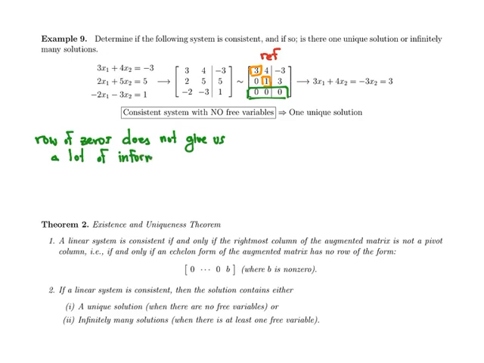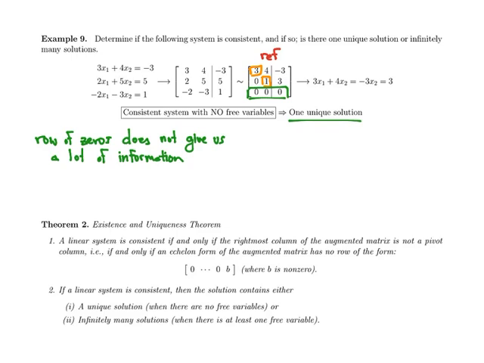As we get more comfortable with this, it does give us some information, but really we cannot say that a row of zeros means infinitely many solutions. A row of zeros means this or that. In this case, we have a row of zeros, but we have a consistent system with no free variables. There is one unique solution here.